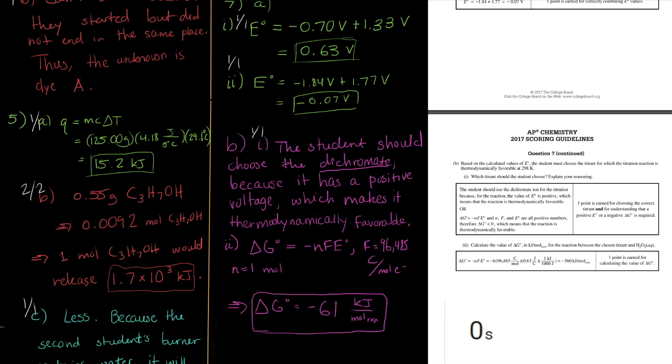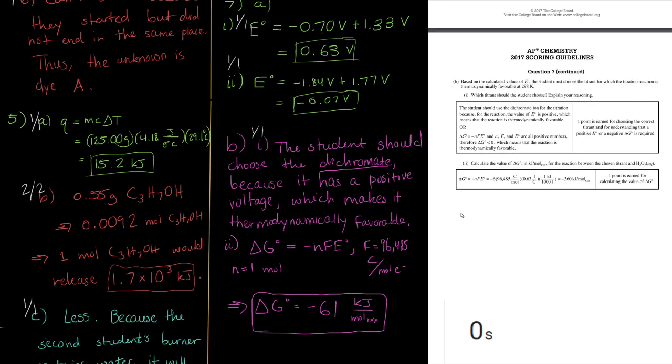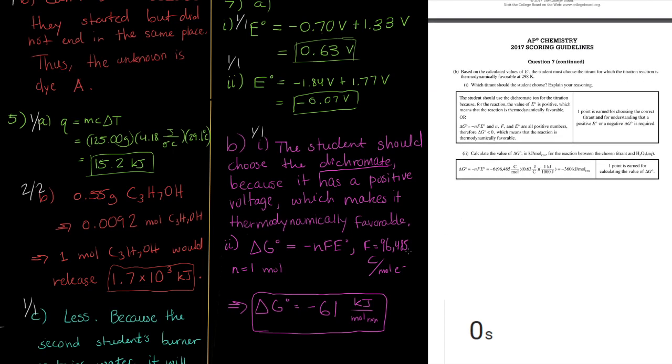Okay, calculate the value of delta G in kilojoules per mole. And obviously I don't have the correct value, so I don't get that point. Pooey. But let's look at what they did. First of all, they did it the same way as us, except for having changed some stuff. I see.